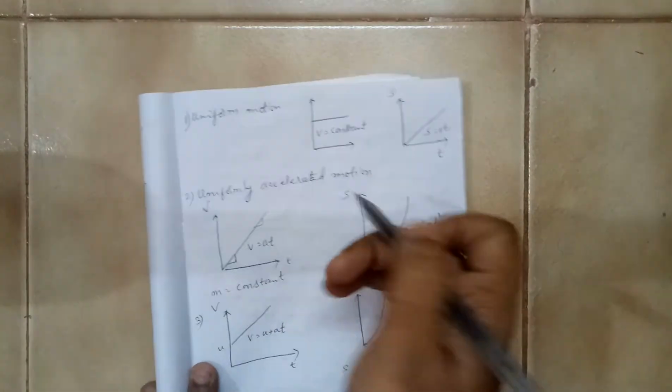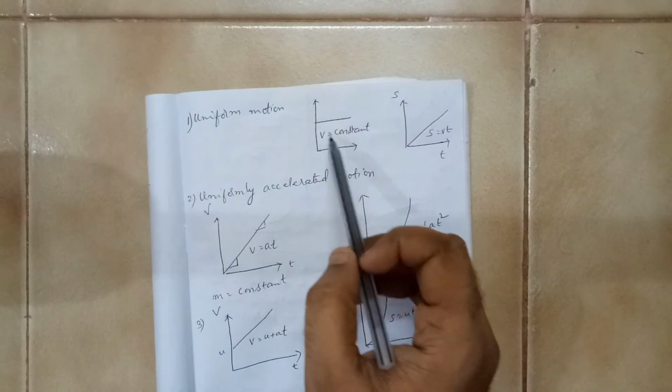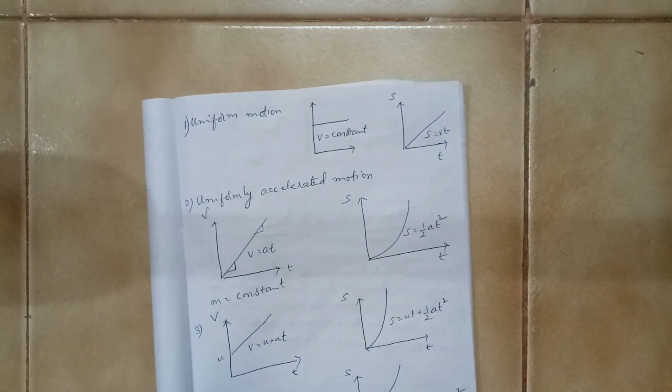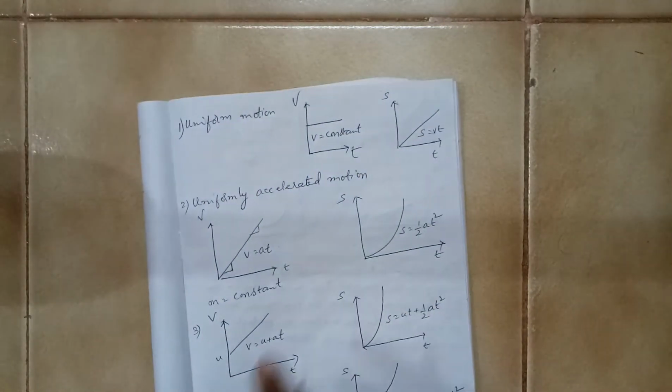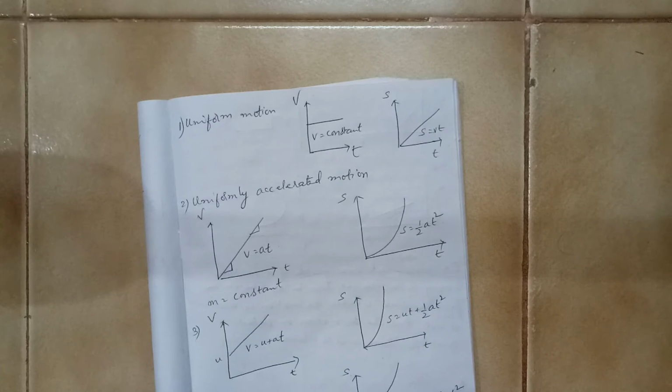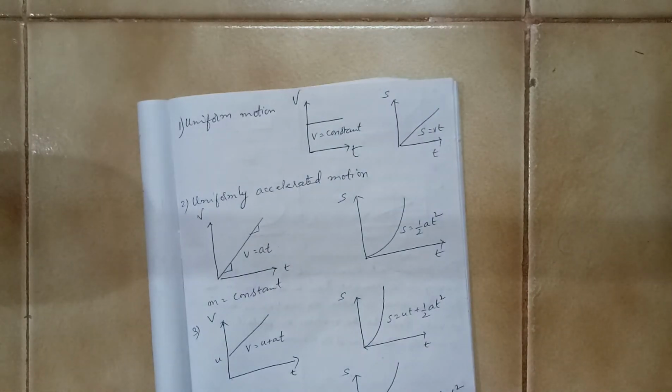Let us see some regular graphs. If you take a case of uniform motion, you see this graph here, v is constant. If v is constant, what is the acceleration? This is a VT graph. The object is going at a constant speed, so the line is parallel. What is the acceleration here?